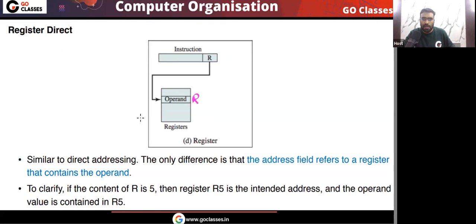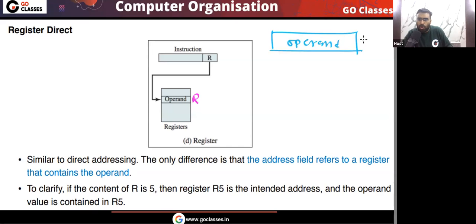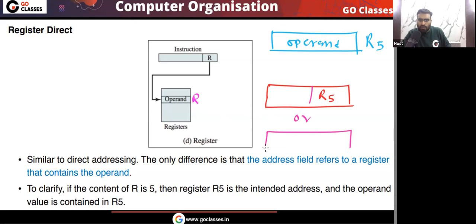Okay, very simple. Now remember one thing. Let's assume your operand is in the register R5. In the instruction, either they will give you R5, or they will give you the address of this register. For example, let's assume you have 32 registers, R0, R1, R2, R3, R4, R5, and so on, up to R31.